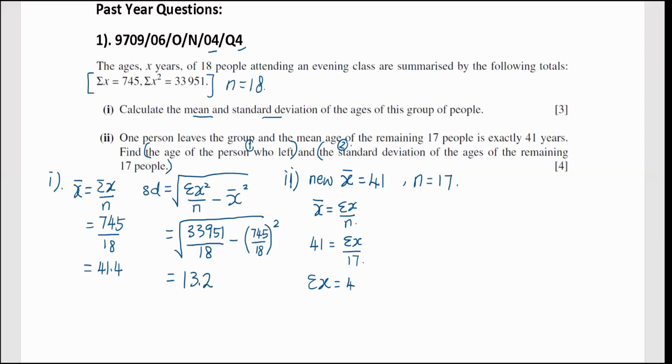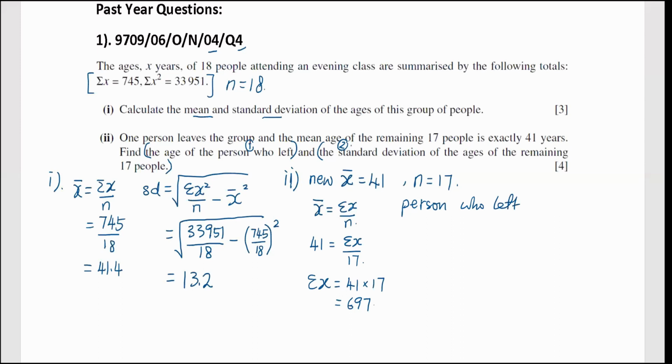So calculate this. All right, 697 is the total ages of these 17 people. So now we are looking for the person who left.